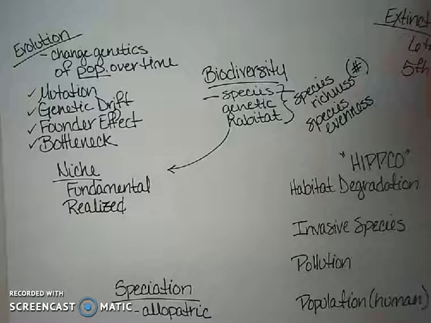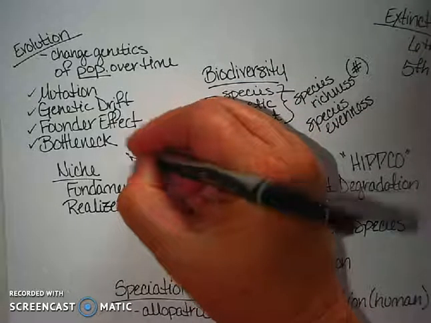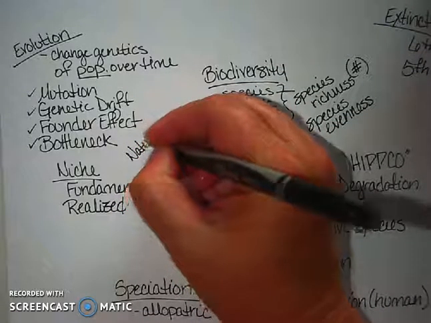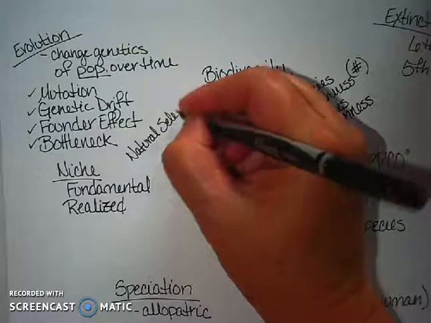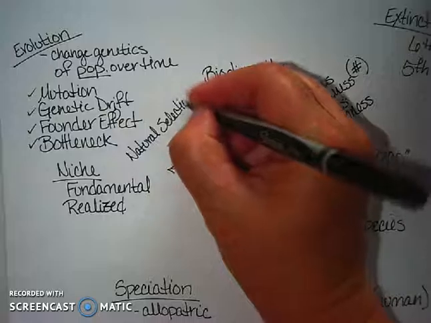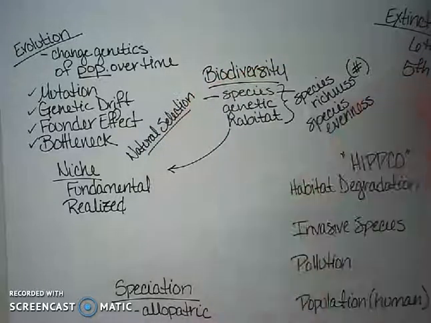You should feel familiar, of course, with natural selection as well. Natural selection is basically the force that is a reason why some evolution occurs. If there's no reason for evolution to occur, a lot of times it won't occur.